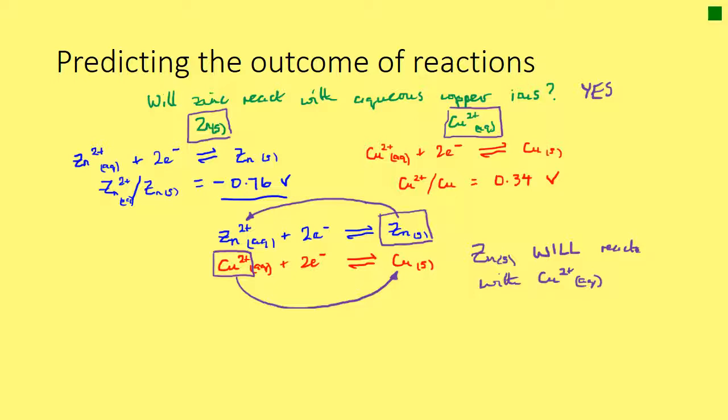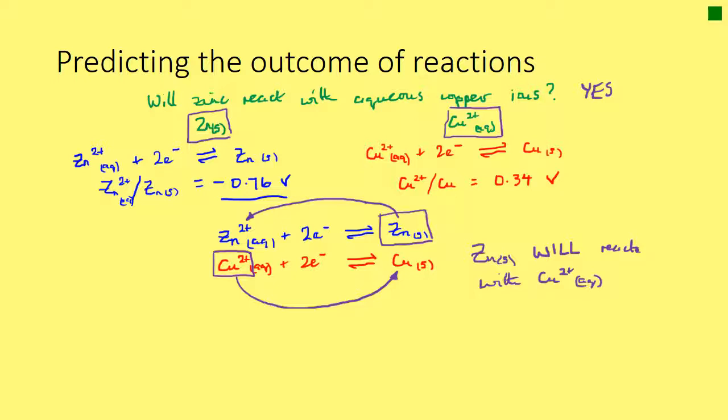Then we refer back to the question. What I've drawn in the boxes is what would react when these 2 half equations are put together. In the question we've been asked about zinc solid. Does that react with copper ions that I've put in the squares there?